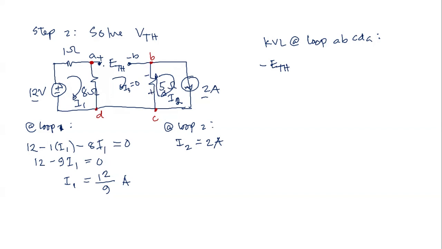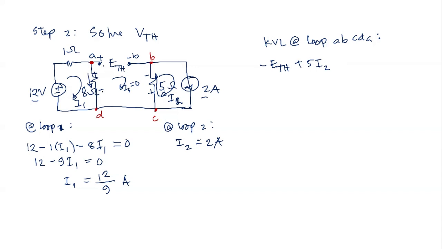So the only current that flows through the 5 ohm is I2. So when we write the voltage equation in a clockwise direction, we see the plus sign of the 5 ohm, plus 5 I2. And then next we have the 8 ohm resistor when the I1 is flowing into it. So we have plus minus. Again, there is no current I3 that flows through 8 ohms because there is an open circuit.